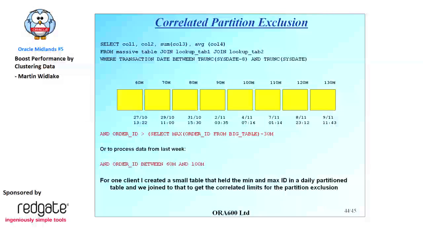Well, you can do something I call correlated partition exclusion, which is where you partition by ID, you're working on a date range, but you can make either a very good guess or a damn reliable check to see what your ID range is within that date range and state that as well, and thus get partition exclusion.